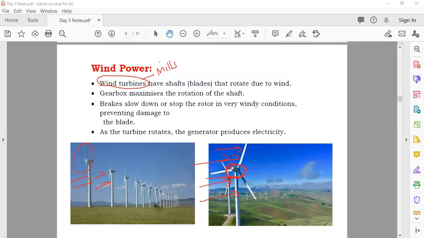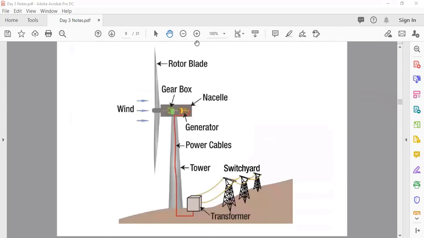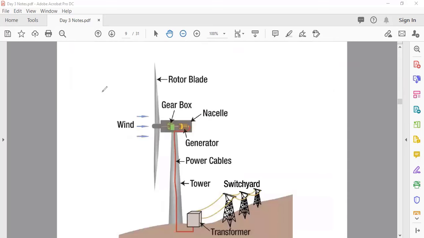Okay. And how they produce electricity, let's see in more detail here. See here, this box. Now, these are the rotating blades, big ones. When the winds come and strike on these blades, they start to rotate.